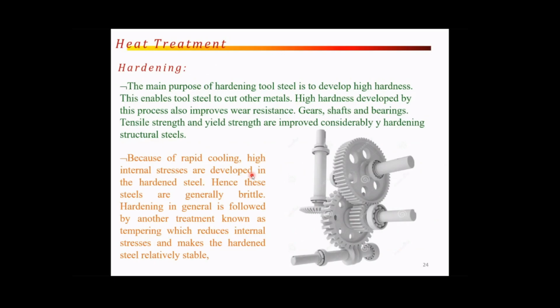Spur gears, helical gears, and bevel gears also undergo hardening because the gears will be meshed with other gears, and during operation the mating parts will touch one another. The hardening will improve the gear teeth, and the life of the spur gear, helical gear, and bevel gear will be improved.